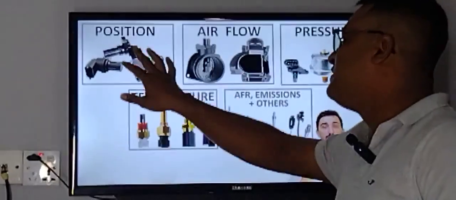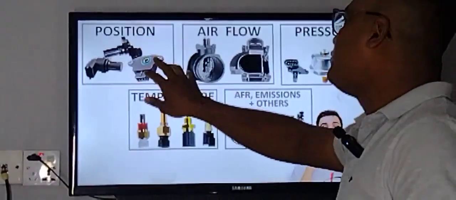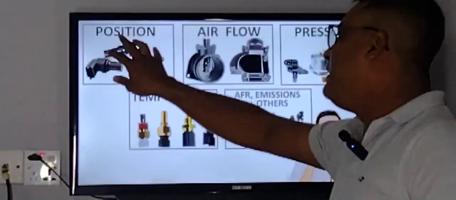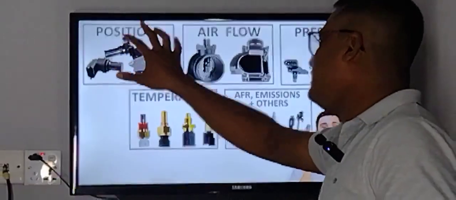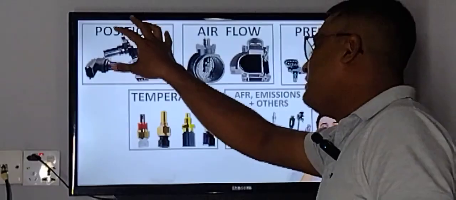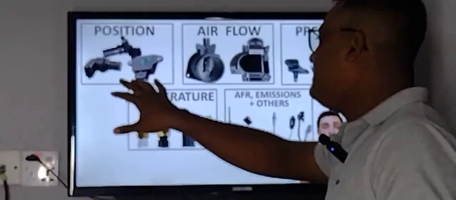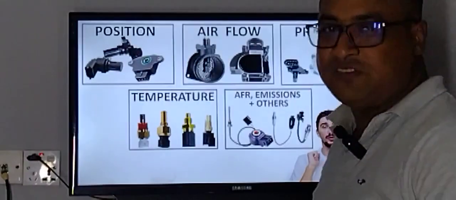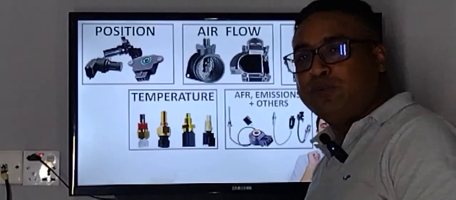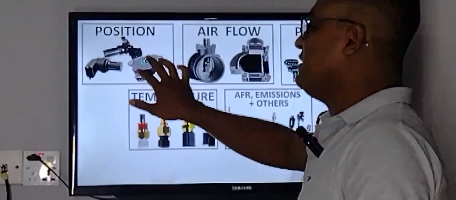See the position sensors. These position sensors give the position of many processing instruments in the engine's moving parts. Here are the cam position sensor, the crankshaft position sensor and the throttle position sensor.